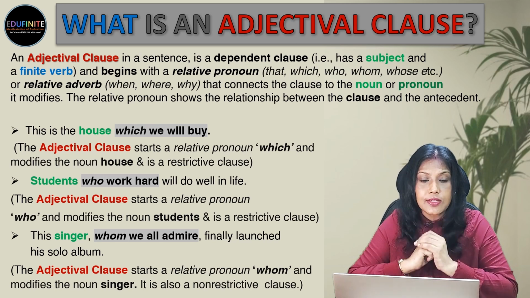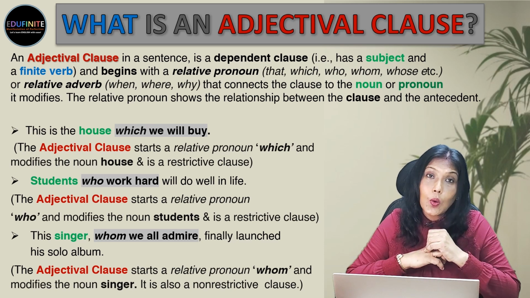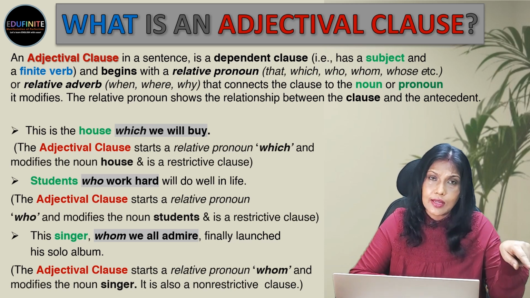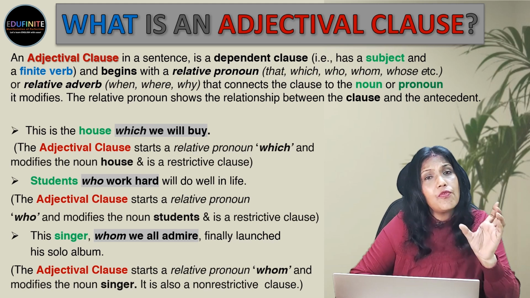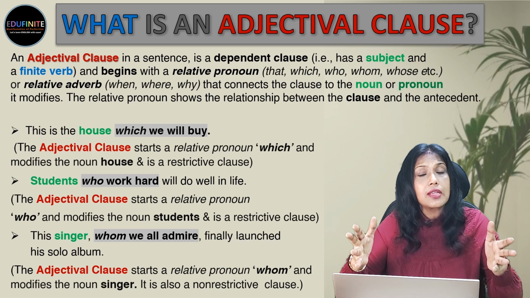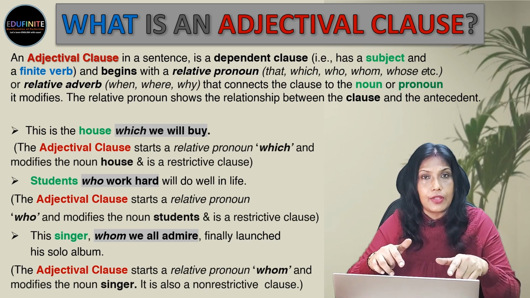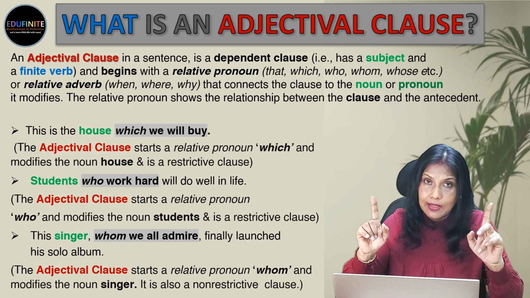For example, if we just say, this singer finally launched his solo album. So it will mean this singer. Which singer? The singer whom we all admire. But whom we all admire is a little extra information which is not absolutely essential for that sentence, because leaving that out also, the sentence makes complete sense.